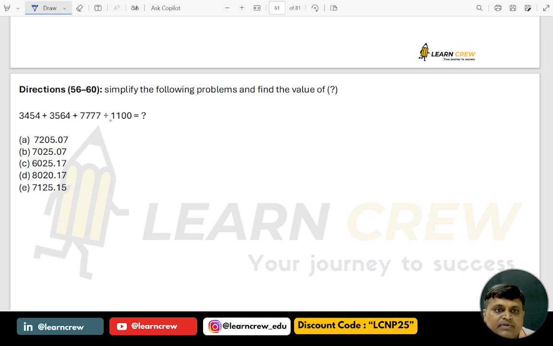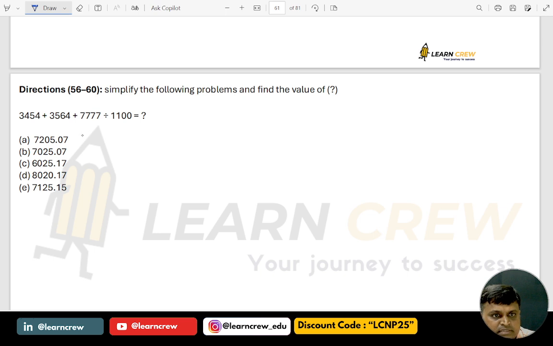So this divided by this. What is going to be the answer? 7777 divided by 1100 is nothing but 7.07. So 0.07 has to be there, and 4 plus 4, 8, 8 plus 7, 15.